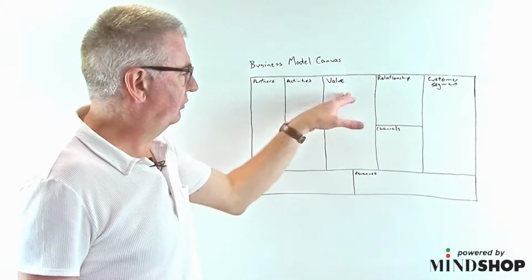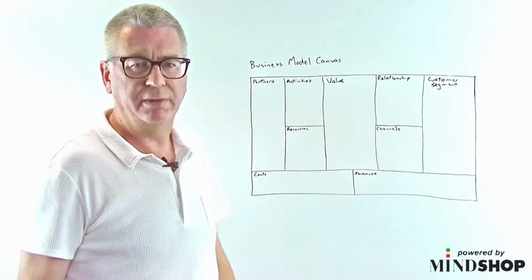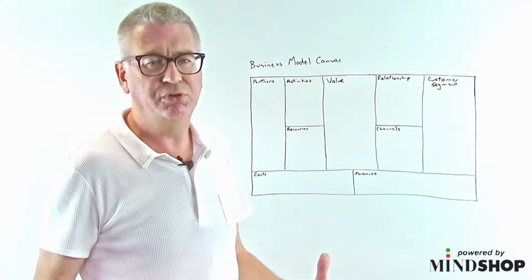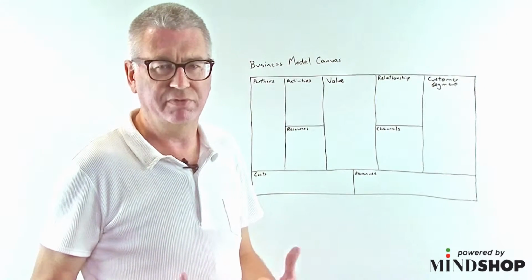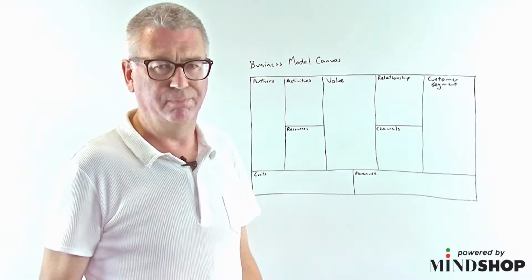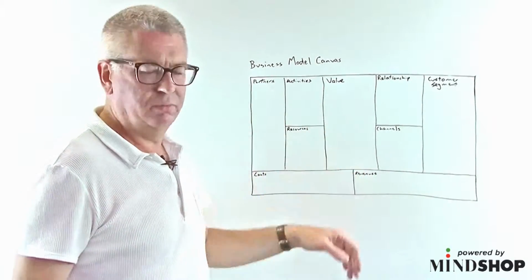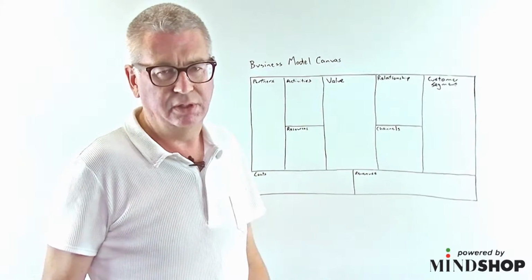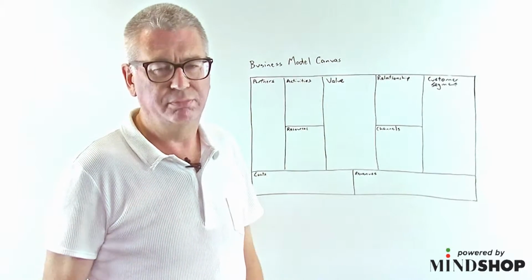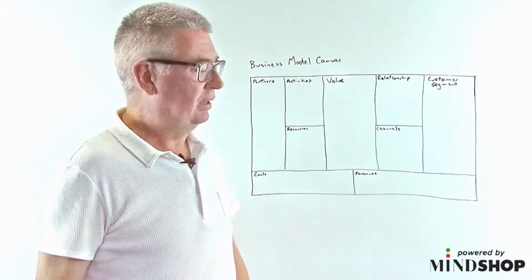I often then jump to the middle segment, which is value. Now, value is in the middle because, of course, without a value exchange, we've got nothing. So you really need to think, what is the value that is offered by your client?